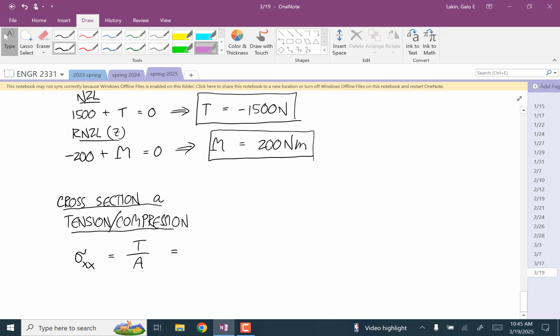And we can trust these signs always. So this is negative 1500 divided by a cross-sectional area of 0.01. And so that is negative 0.15 times 10 to the 6, right? That's right.